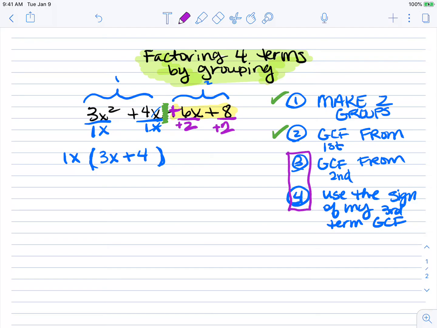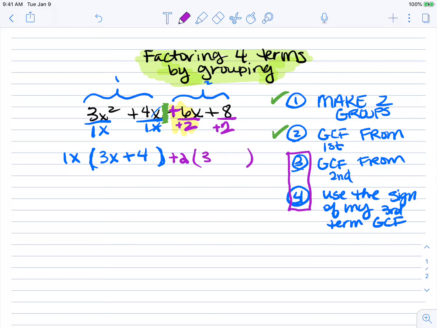When I'm doing this, I want to make sure I'm using that sign of my third term in my greatest common factor. So I'm going to write down that I'm pulling out a 2. That's my greatest common factor, and then I'll do the math for what's left. Okay, so I want to do my positive 6 divided by 2.